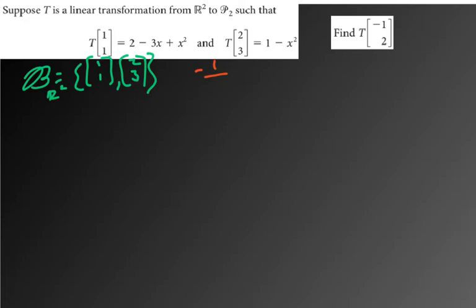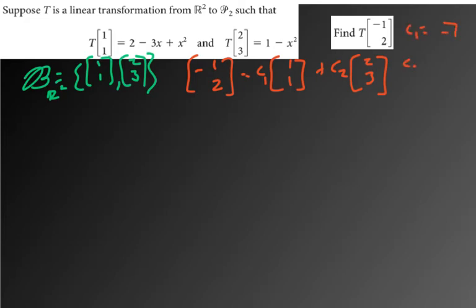We have (-1, 2), and we want to know how much of (1, 1), I'll call it C1, and how much of (2, 3) it takes to get there. If you work that out, you'll get that C1 is negative 7, actually, and C2 is 3.